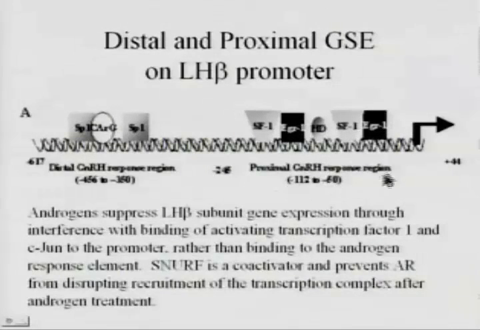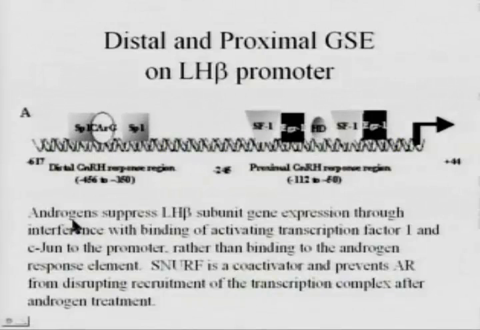So indeed, you're recognizing that the prior description was focusing primarily on this region, and now even a more distal region that is important for both basal and GnRH activation of the LH beta subunit. So I'm sure there's many research articles in between that clarified all of that, that we've jumped across to get to this more recent one.